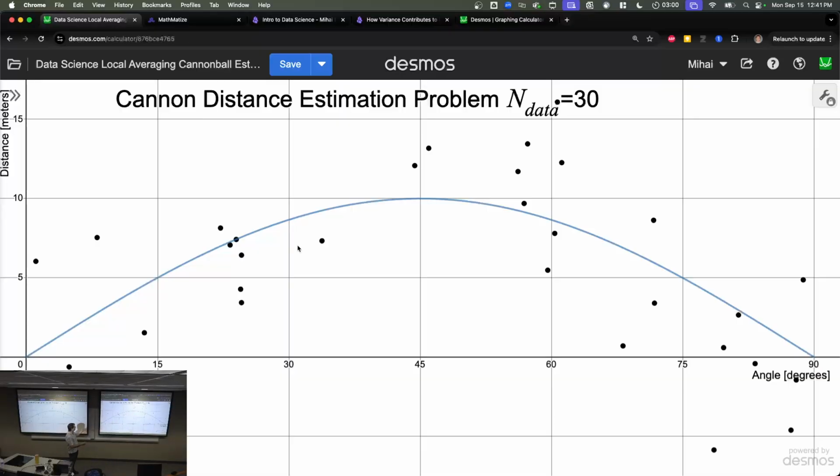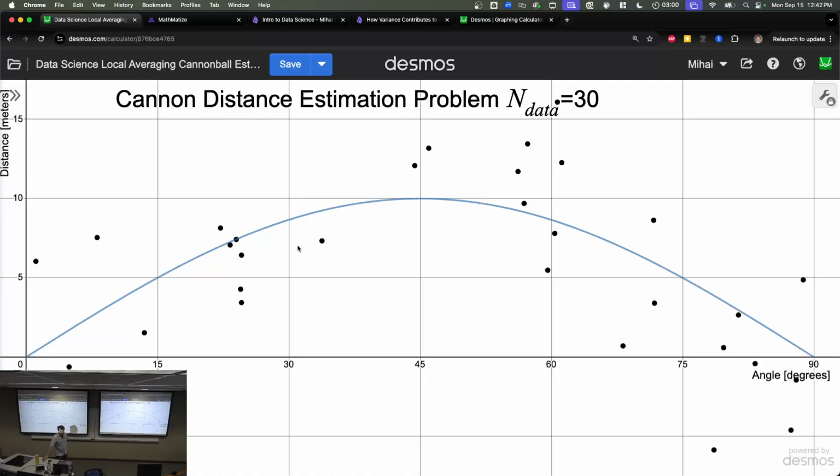So this is how we're thinking about real life. There's this unknown blue function that is telling us the true average of what's going on, and the points we observe are above and below the true average. We would like to get really close to this blue function. That would be our best possible. If we could somehow come up with exactly this blue function, that's the best we can possibly do.